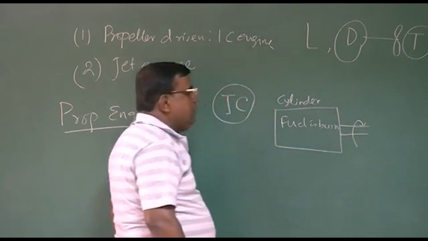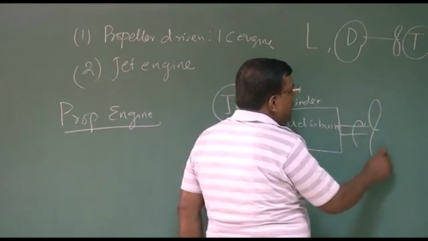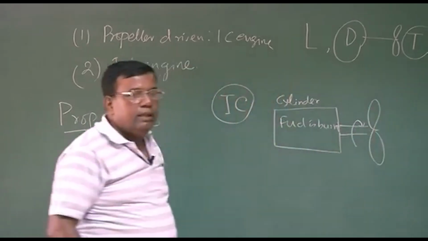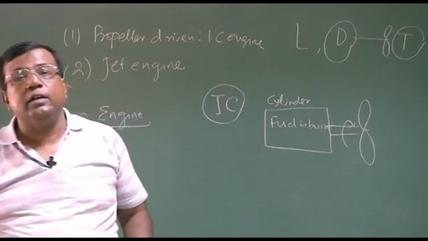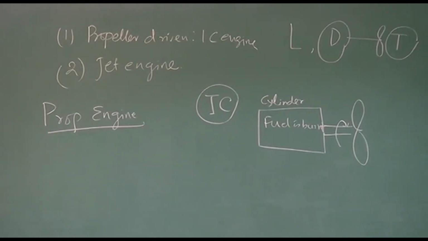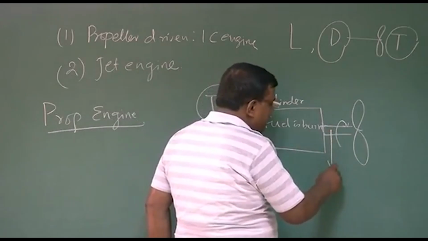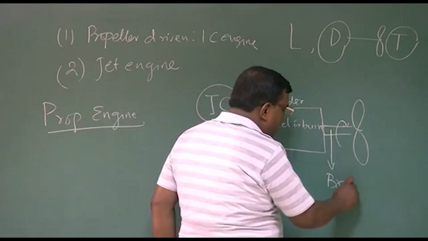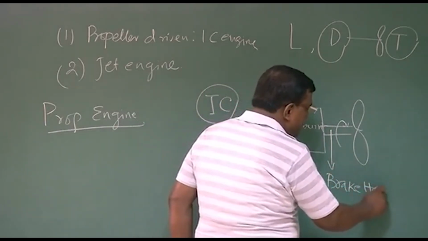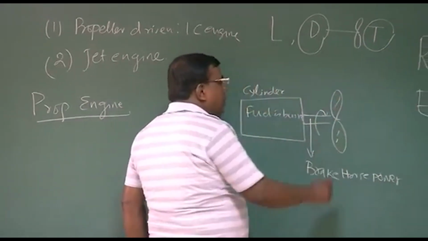Power is transferred to the shaft, and then there is a propeller which rotates and generates the thrust or power, because we have understood that for a propeller driven IC engine combination, these engines are rated in terms of power. So the fuel is burned and power is available at the brake. This is the brake or the shaft, so we call it brake horsepower available. Then we attach a propeller.